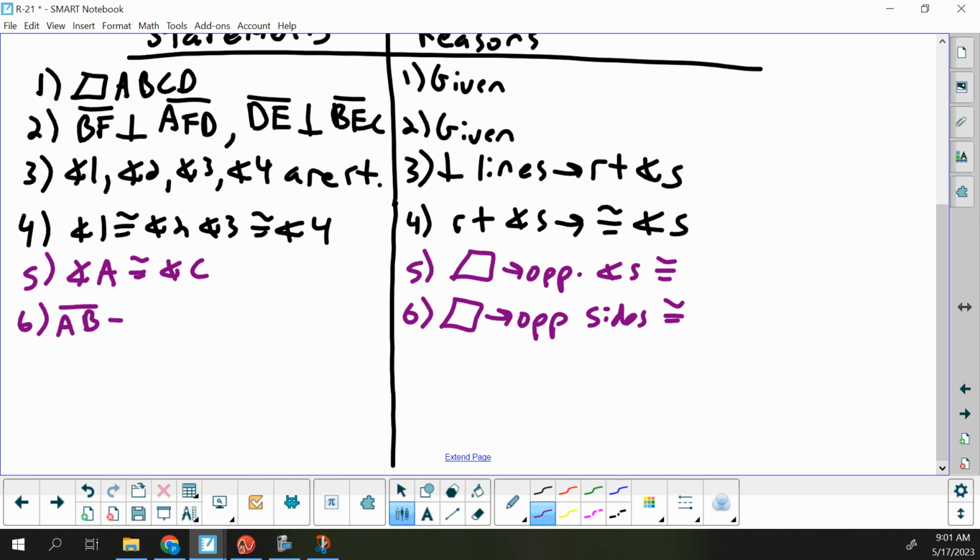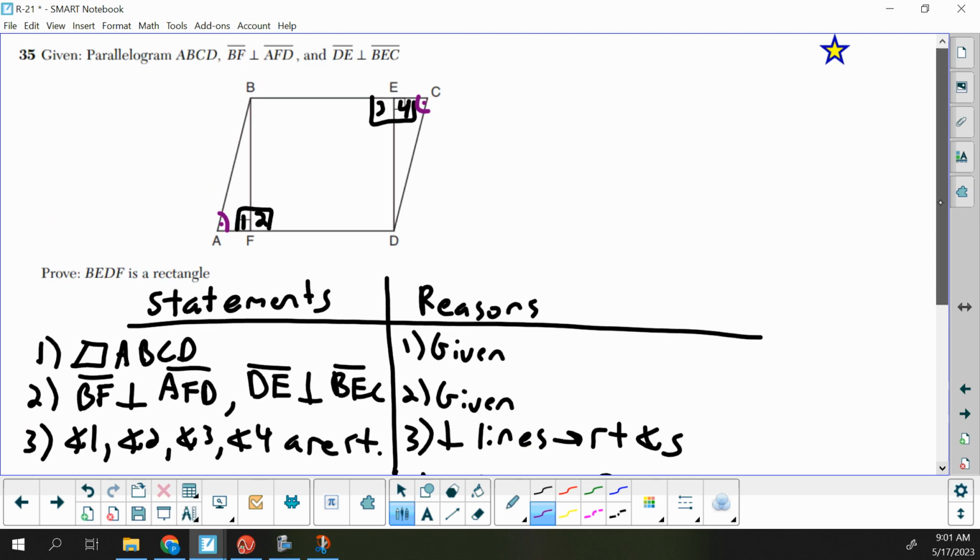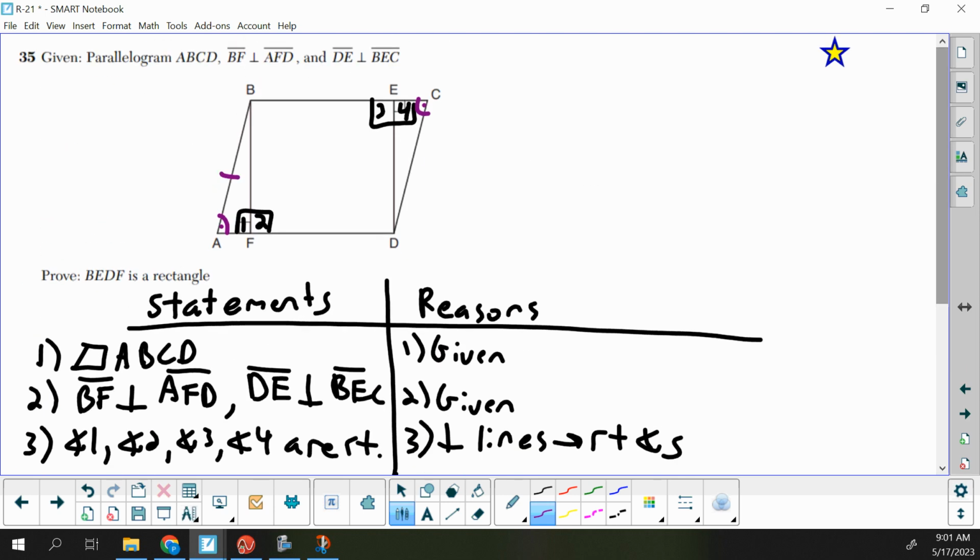We've got AB congruent to CD, and then we've also got AD, that whole bottom side, congruent to BC. So let's mark that up in our picture. I'll put one tick mark on AB and CD, and then we're going to put a big bracket and put two tick marks on the other ones.